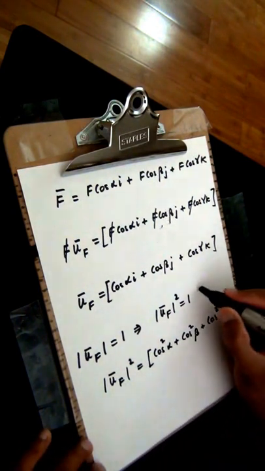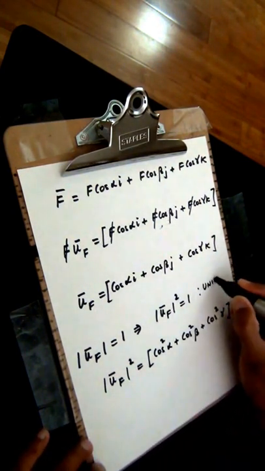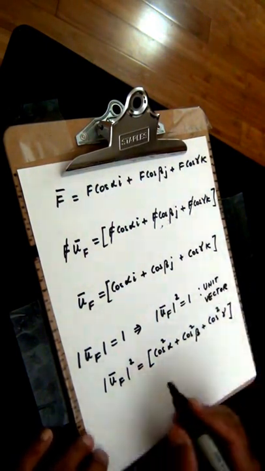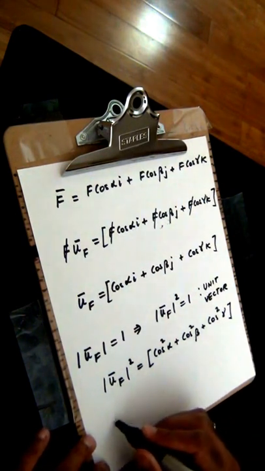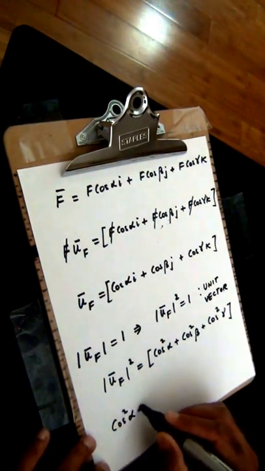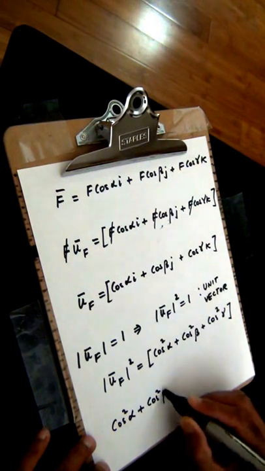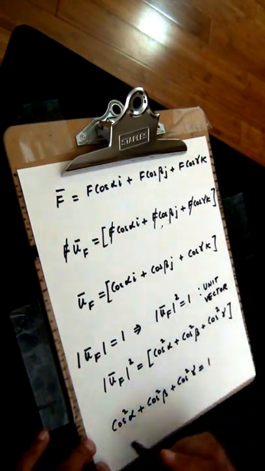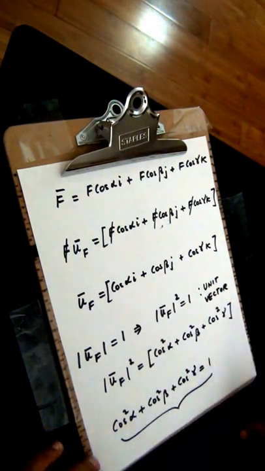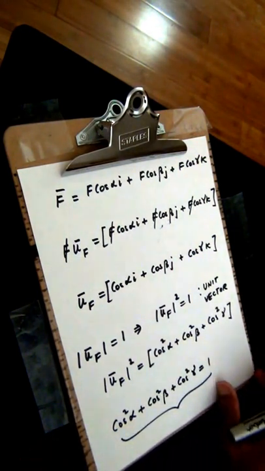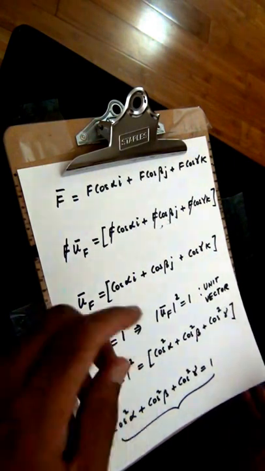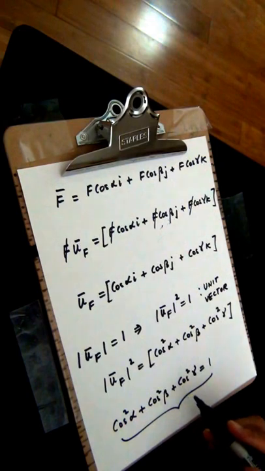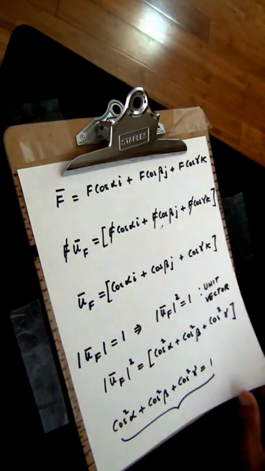This is because it's a unit vector, and so we have the following now: cos squared alpha plus cos squared beta plus cos squared gamma is equal to 1, and this is a fairly useful result, as we will see when we solve some problems. The basic idea being, if I know two of these coordinate direction angles, then I can find the third one, making use of this identity.